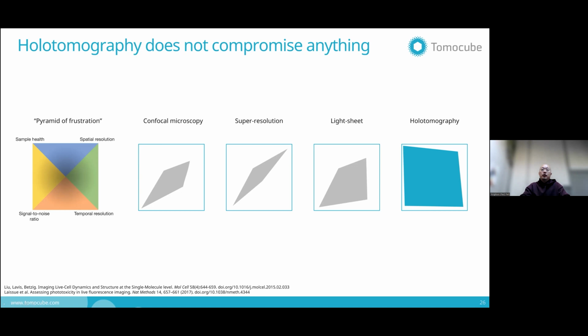And our temporal resolution is 100 times better than the confocal microscope, and comparable to the light sheet. Our signal-to-noise ratio is good in terms of identifying the major subcellular organelles, but we have some limitation. We do not provide molecular specificity, but this is different data.